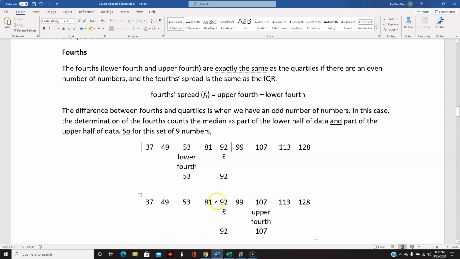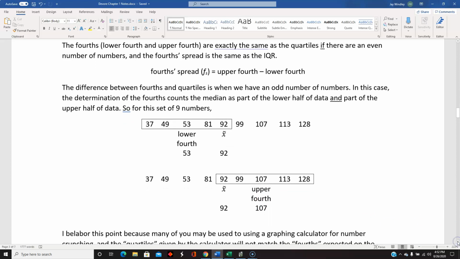And then if you turn around and also include 92 in the upper half, the middle of the upper half lands on 107. And I'm kind of hammering this point home because some people are already familiar with using a graphing calculator to find the quartiles, but our book uses the terminology fourths, which are not always the same as the quartiles.